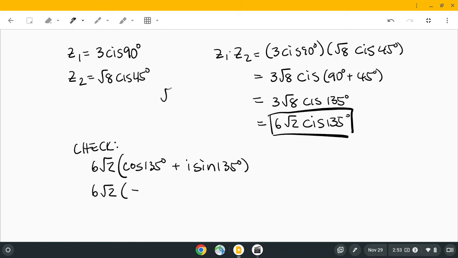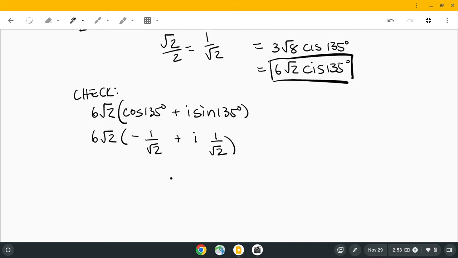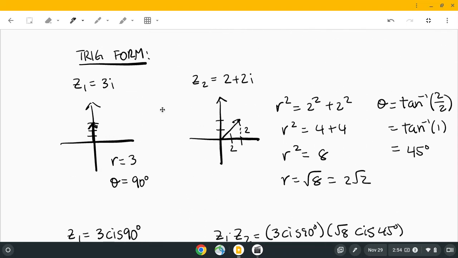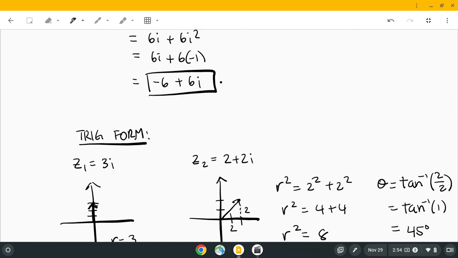We memorize it as square root 2 over 2, right? But this is the same as 1 over square root 2, with the denominator rationalized. So I'm going to rewrite it as 1 over square root 2. And sine of 135 is positive 1 over square root 2. If we multiply these out, the square root 2's cancel, so we get negative 6 here, and then here we get 6i. And we see that this indeed does match the answer that we got up here, negative 6 plus 6i.